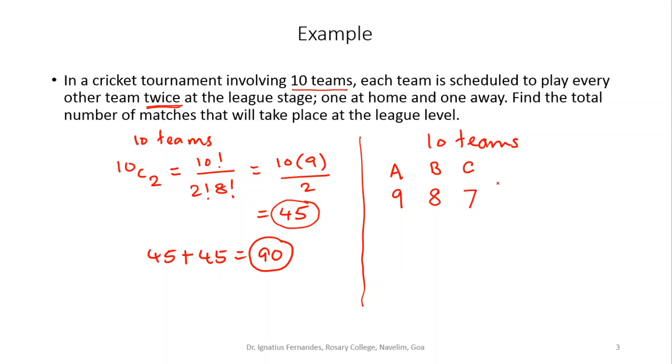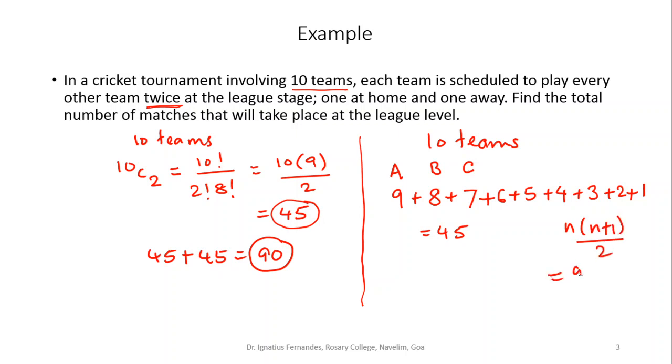In the same way, the next team will play 6 matches, the next team 5 matches, the next 4 matches, the next 3 matches, then 2 and 1. So the total number of matches that will happen is the sum of all these numbers, 9 plus 8 plus 7 till 1, which comes to 45. Or instead of adding manually, it is the sum of the first n natural numbers, and the formula is n into (n plus 1) upon 2.